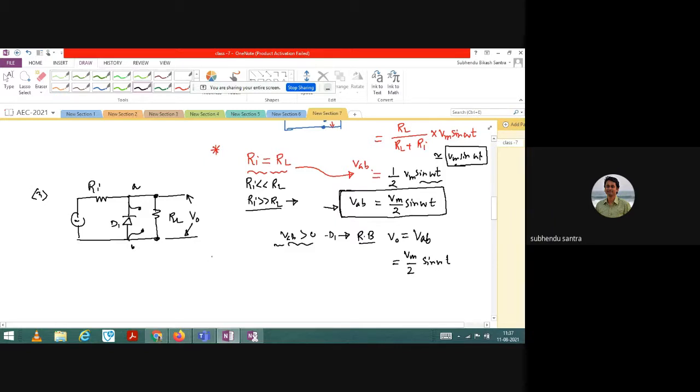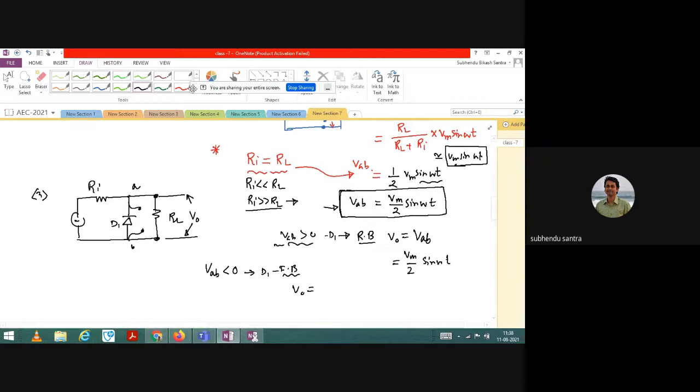Understood? Now if I consider the negative half, already you know that VAB is less than 0, then what will happen? The diode is what? Forward bias. If this is the case, then what is V0?